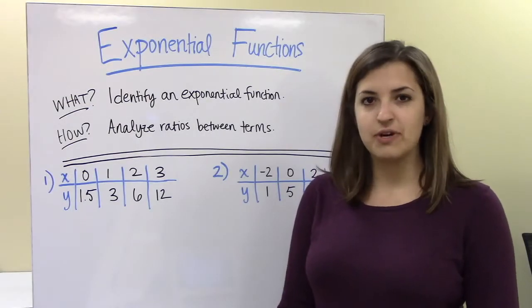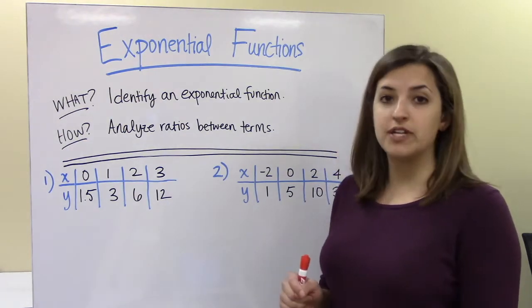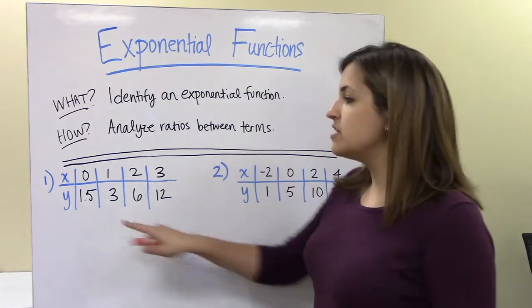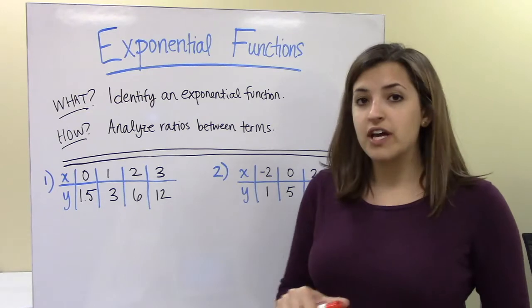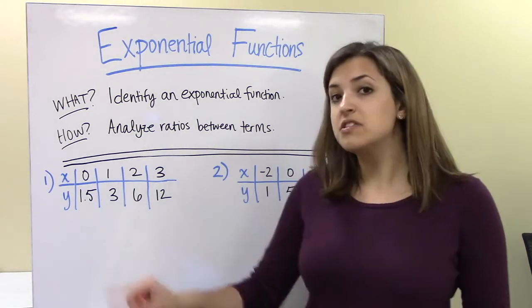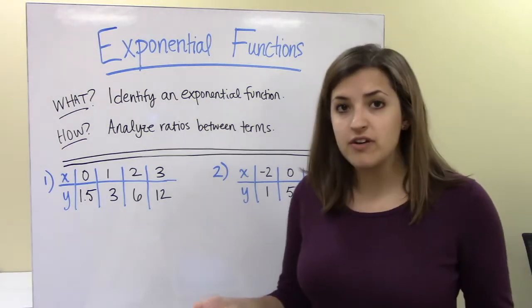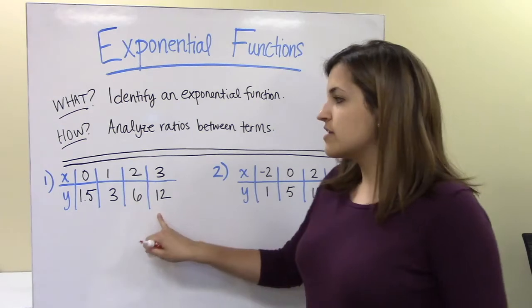Say our objective is to identify an exponential function. We can do this by analyzing the ratios between terms. We've been used to seeing functions where the y values only increase by adding or subtracting. Here, we're going to be looking at the y values being multiplied by some factor. So let's learn how to do that. Let's see if we can figure out whether these functions represented here are actually exponential. So let's look at the first one.